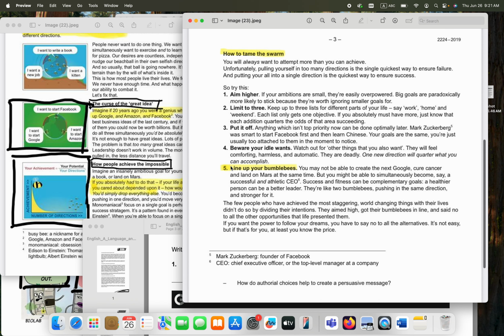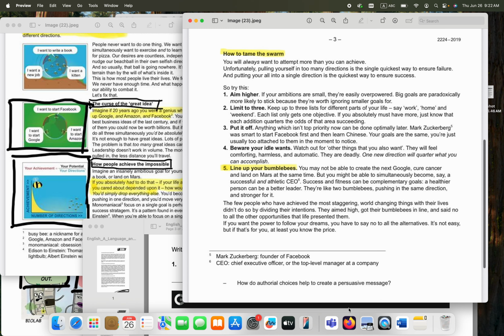So instead of eliminating desires, he suggests aligning them towards a unified direction, right? So by lining up your bumblebees, well, the bumblebees is just a metaphor, right? And then it helps symbolize the process of self-discipline. So it says, success and fitness can be complementary goals. They're like two bumblebees pushing in the same direction and stronger for it.